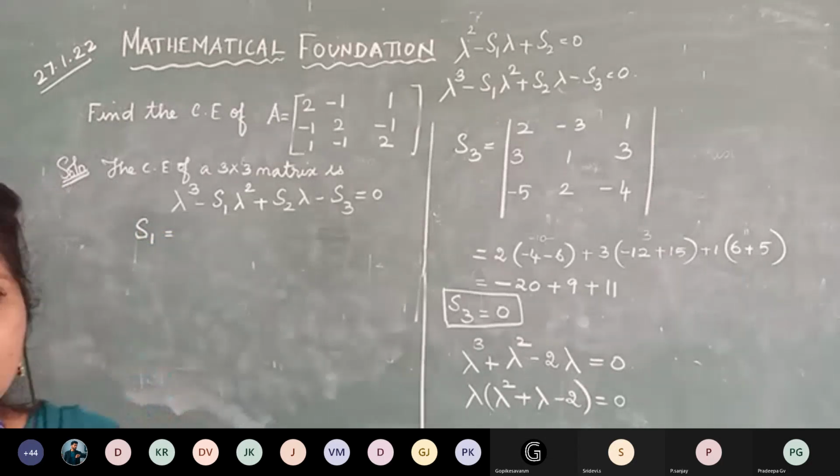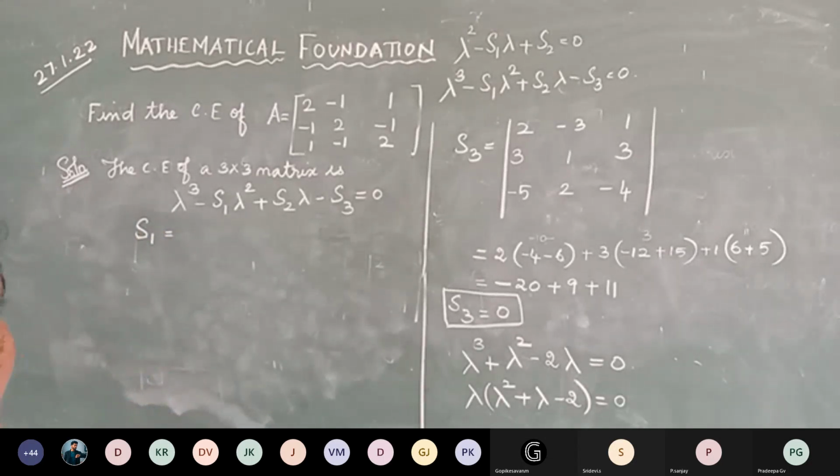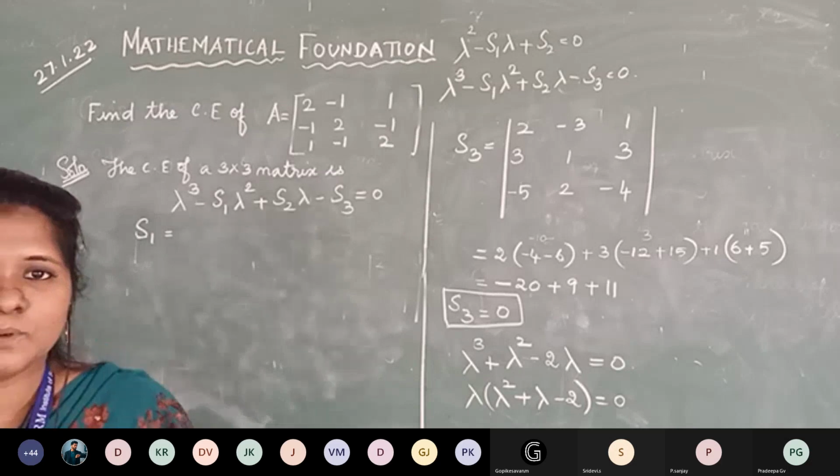You all doing? Tell me what is your S1. S1 is nothing but the sum of the main diagonal elements.